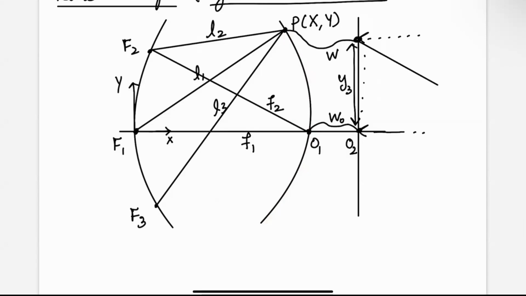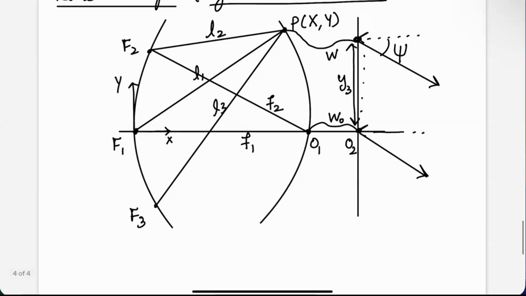So let's say that if I want to go in this direction, that is, if I'm exciting at F2, then I want the exit angle to be psi.